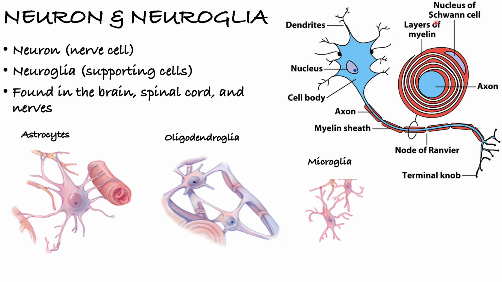We see Schwann cells in the peripheral nervous system, like the nerves in your hands and your feet. We're going to see oligodendroglia in the central nervous system, like your brain and spinal cord. And microglia, these act more like macrophages, cleaning up any debris. If you have a neuron that's not working very well, they're going to make sure they clean all that up.